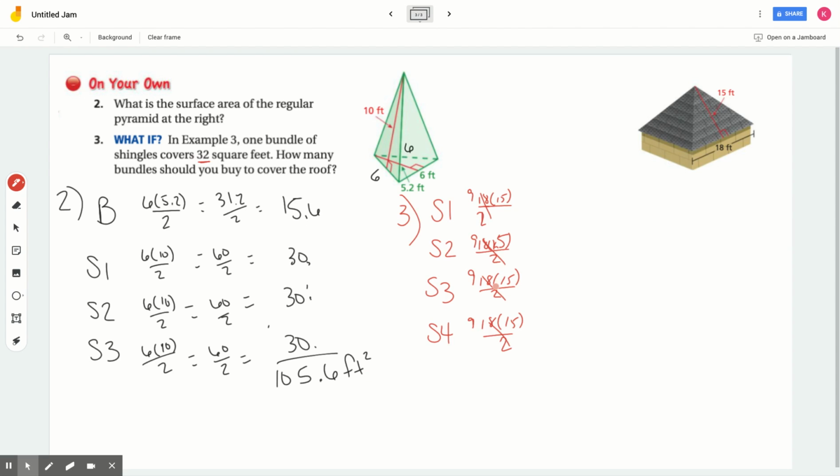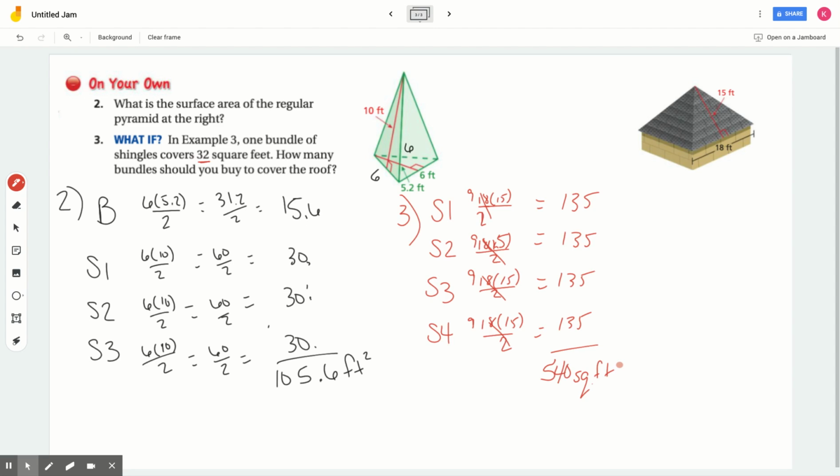So 15 by 9 is 135. So when I add 135 plus 135 plus 135 plus 135, you should end up with 540 square feet.